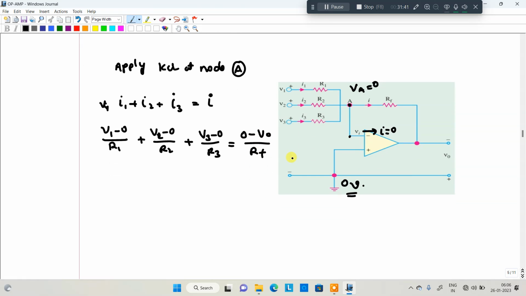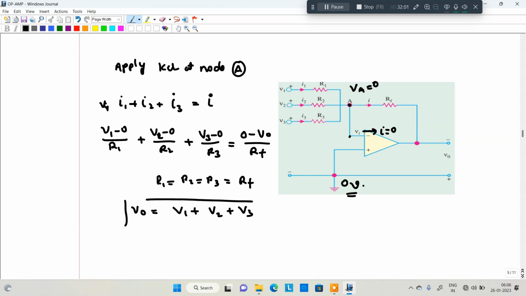Okay, so now we can consider R1 is equal to R2 is equal to R3 is equal to Rf. All are the same, equal resistors. Then you will get V0 is equal to V1 plus V2 plus V3.